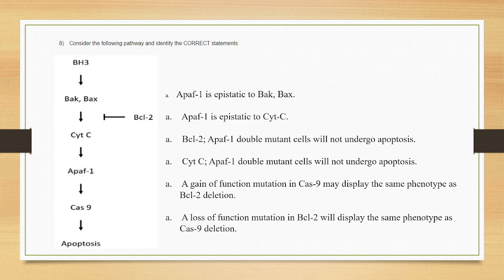APAF1 is epistatic to cytochrome C. BCL2 APAF1 double mutant cells will not undergo apoptosis. Cytochrome C APAF1 double mutants will not undergo apoptosis. A gain of function mutation in Cas9 may display the same phenotype as BCL2 deletion. A loss of function mutation in BCL2 will display the same phenotype as Cas9 deletion.